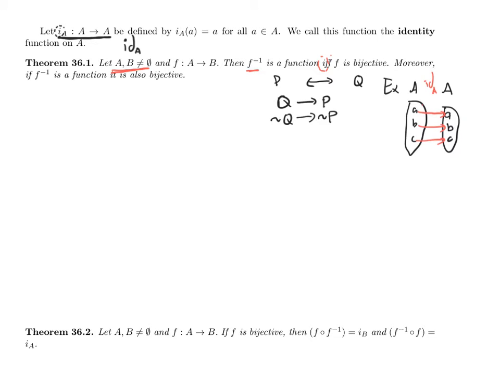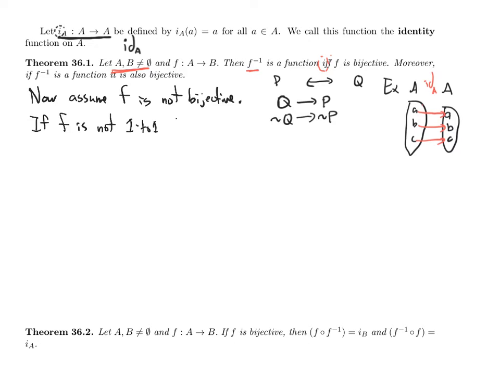Okay, so now we're going to assume f is not bijective, and we're going to show that f inverse is not a function. If it's not bijective, it means that it's either not one-to-one, or not onto, or both. So if f is not one-to-one, well, what does that mean?